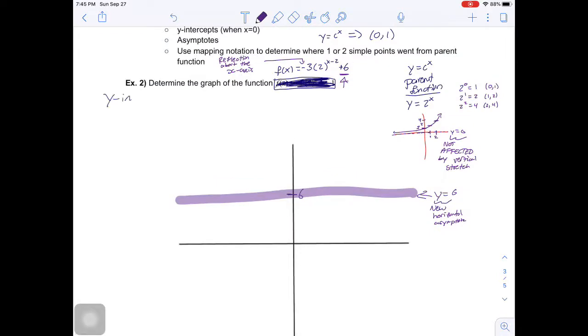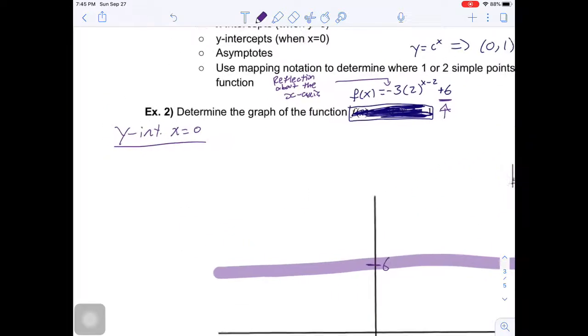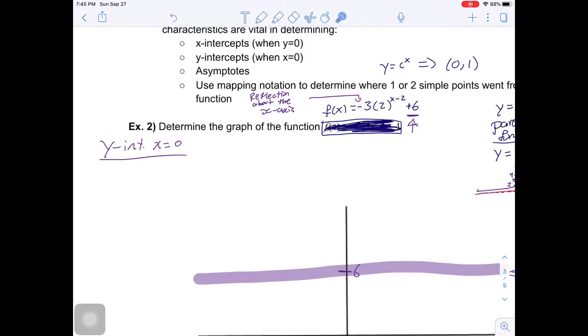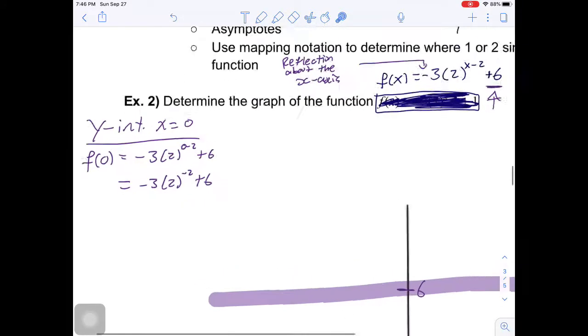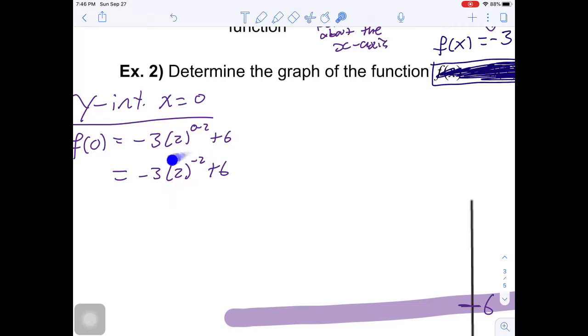So let's find the y-intercept. So that is when x equals 0. So your first step here is, well, let's plug in 0 for x. So f at 0 equals negative 3 times 2 to the power of 0 minus 2, plus 6. This will be negative 3 times 2 to the power of negative 2, plus 6. Now this is something we'll learn, but this is a very easy exponent law that we can use.